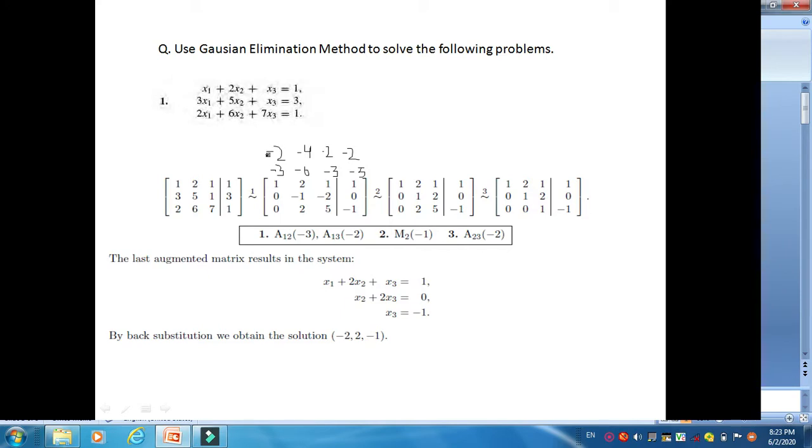If we add that row to the third row, it means minus 2 plus 2 equals 0, minus 4 plus 6 is 2, minus 2 plus 7 is 5, minus 2 plus 1 is minus 1, right?